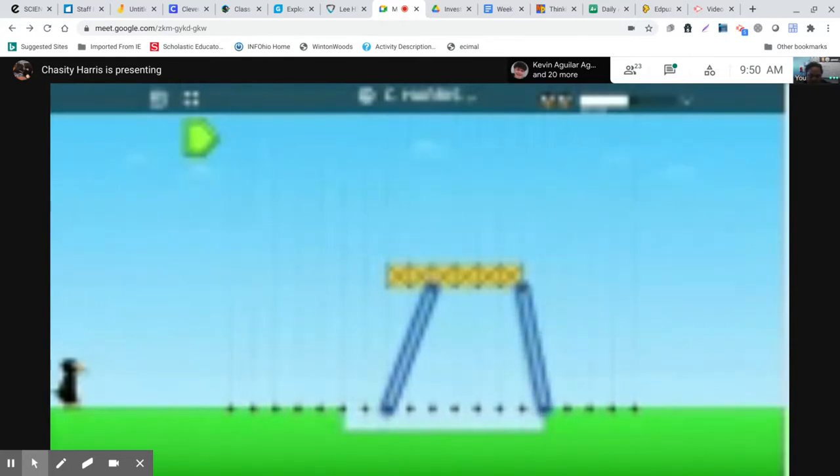Try again. No, the last one you had correct. The last one goes on the last one. But look at that first rubber band. You need to hook it on position 3. Right now you have it on 2. There you go. Go ahead and hit the green arrow.